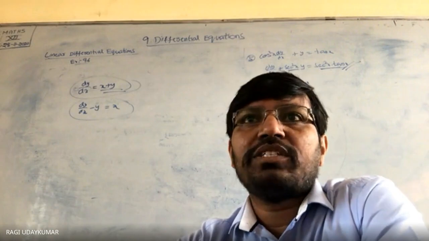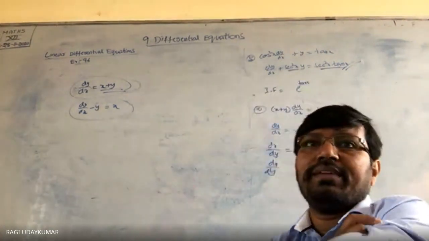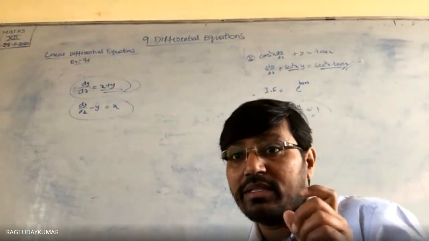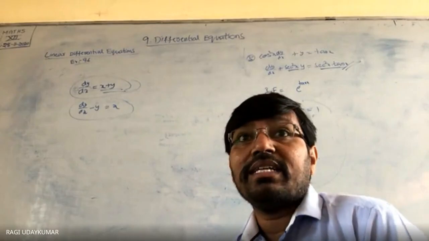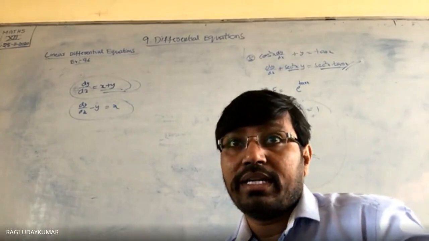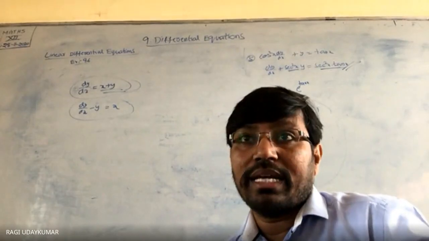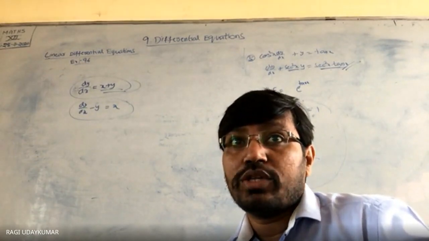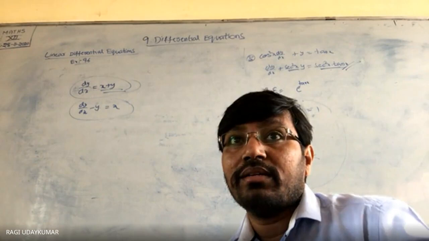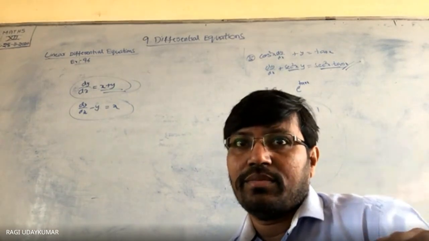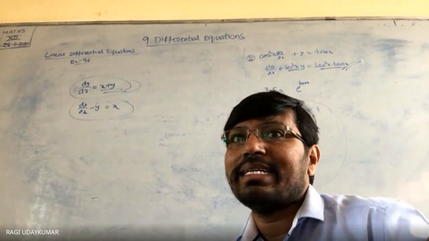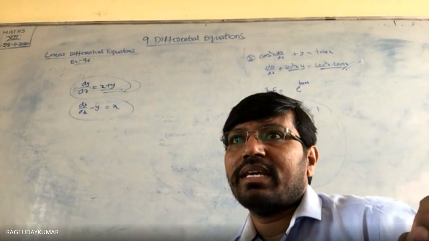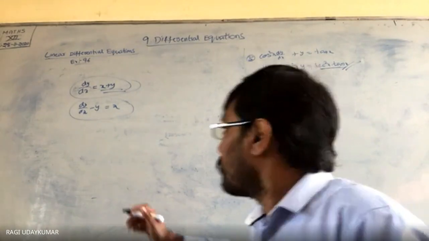17th one, find the equation of the curve passing through the point given to you. Passing through the point means a particular solution. Given the sum of the coordinates of any point on the curve exceeds the magnitude of the slope of the tangent to the curve at the point by the phi. So what is given here in the 17th problem?